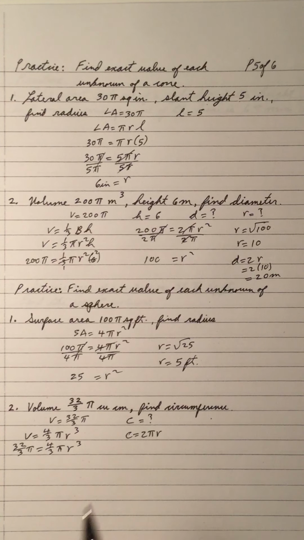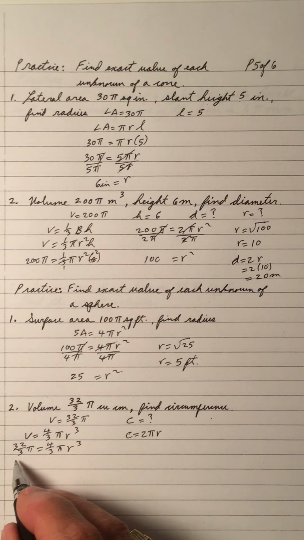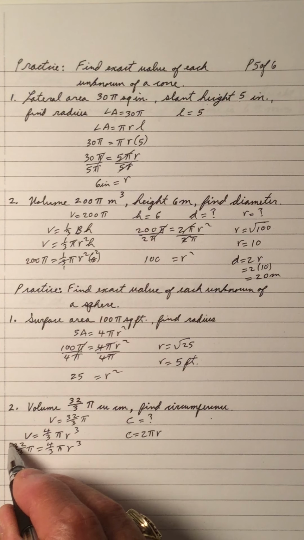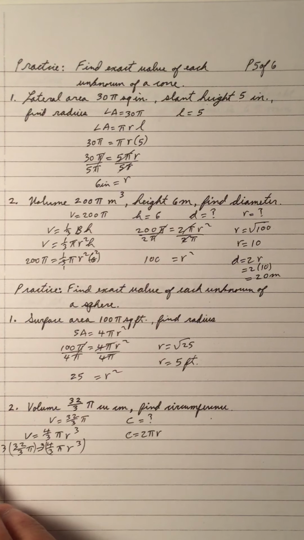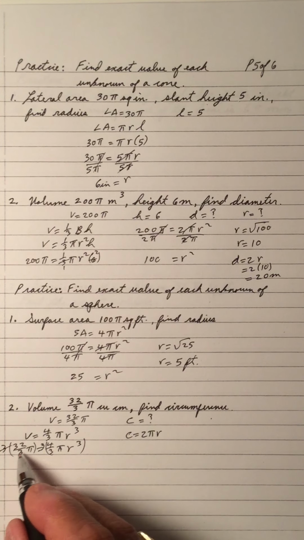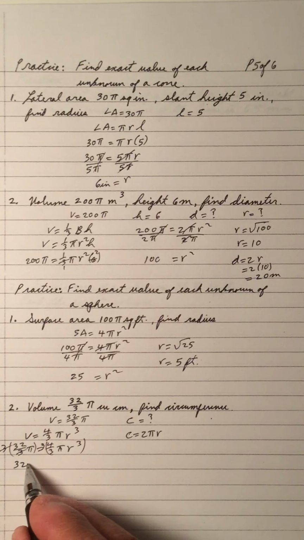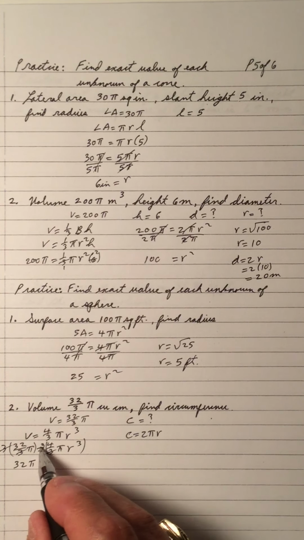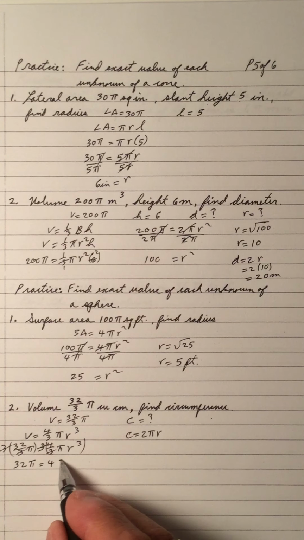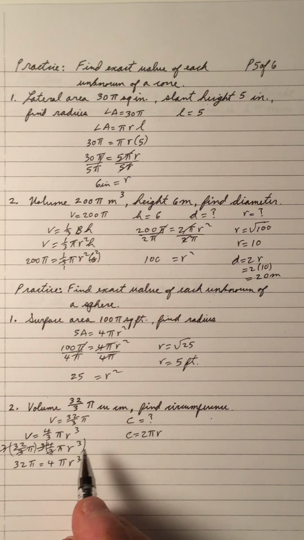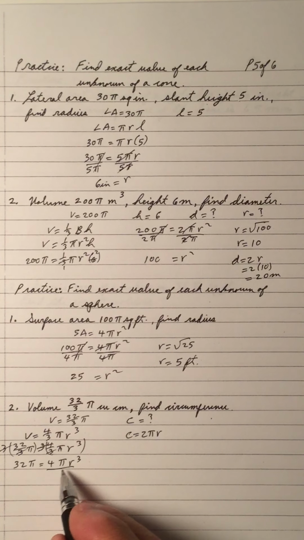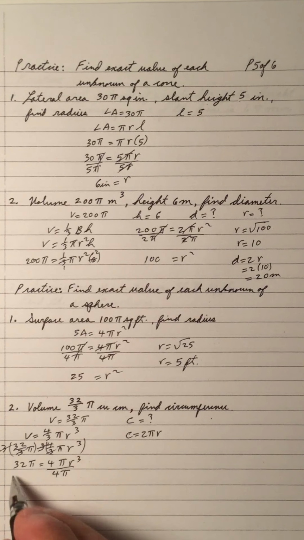So when you have an equation with fractions, you multiply both sides by 3. When I multiply both sides by 3, the 3's cancel, so I get 32 pi equals 4 pi r cubed. Now I'm solving it. I need the r, so I divide by 4 pi.